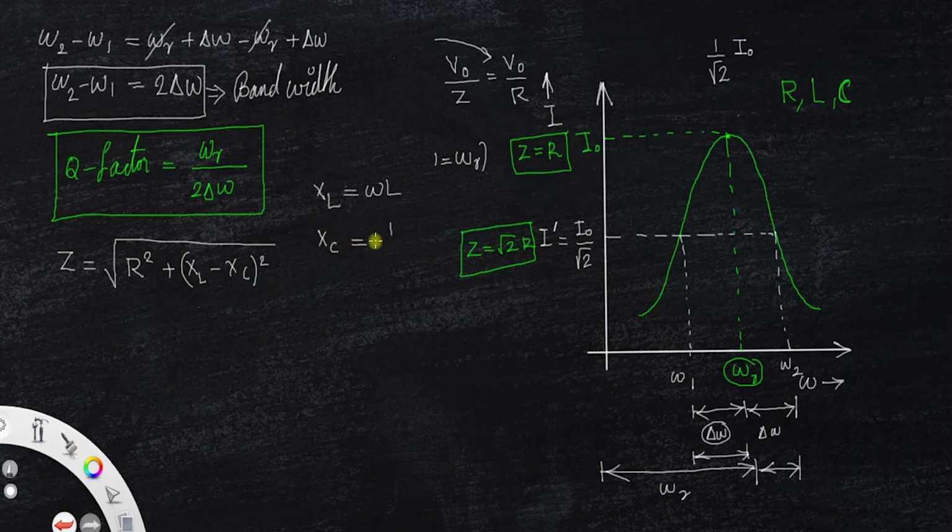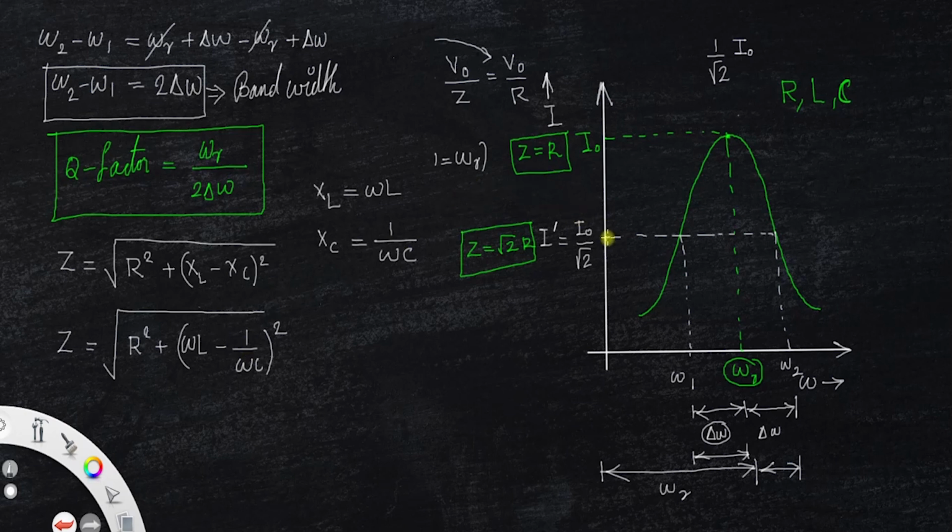XC is equal to 1 by omega C, where C is the capacitance. So Z is equal to root of R square plus (omega L minus 1 by omega C) whole square. Clear?